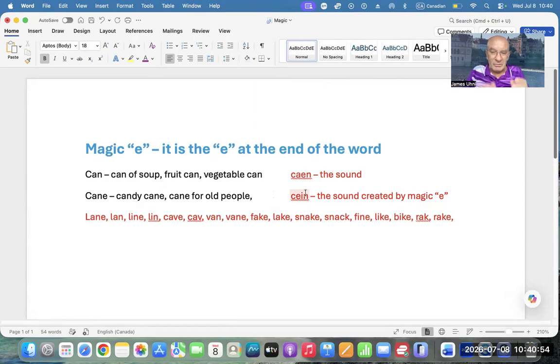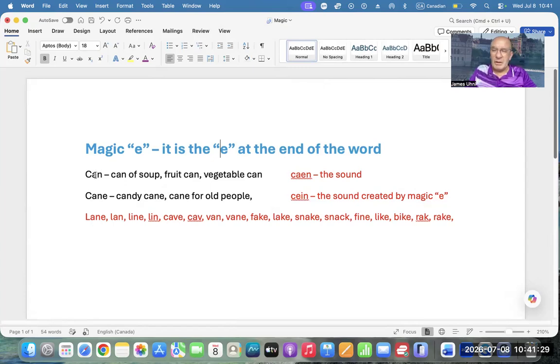The spelling of the sound is over here, C-A-N-E. The sound created by magic E. So when there is magic E at the end of the word, we read A as the name of the alphabet. A, B, C, D, A. But if there is no magic E at the end, then we'd call it a.